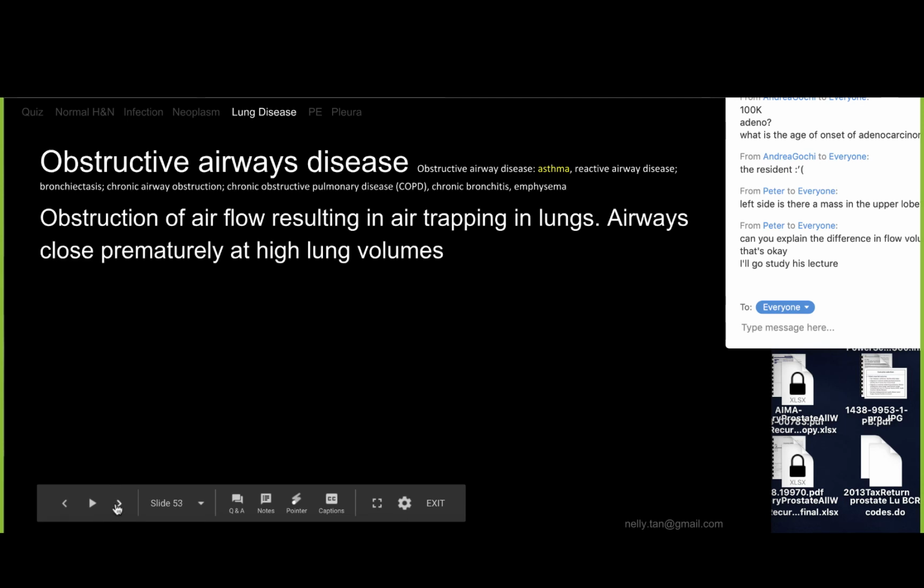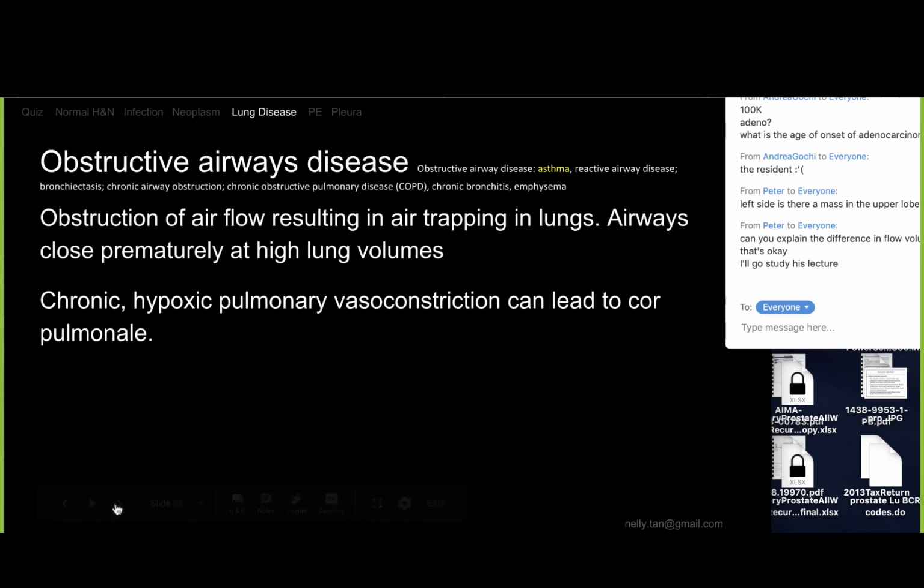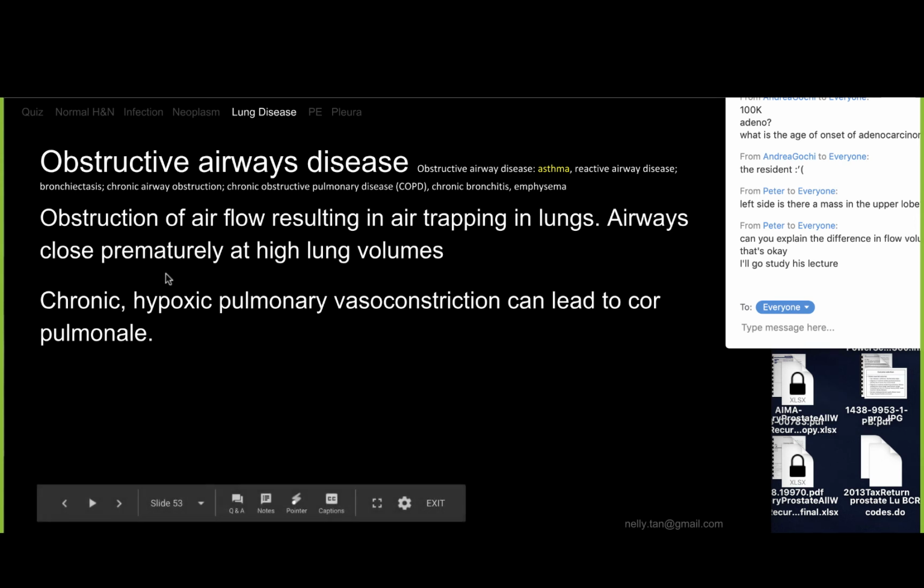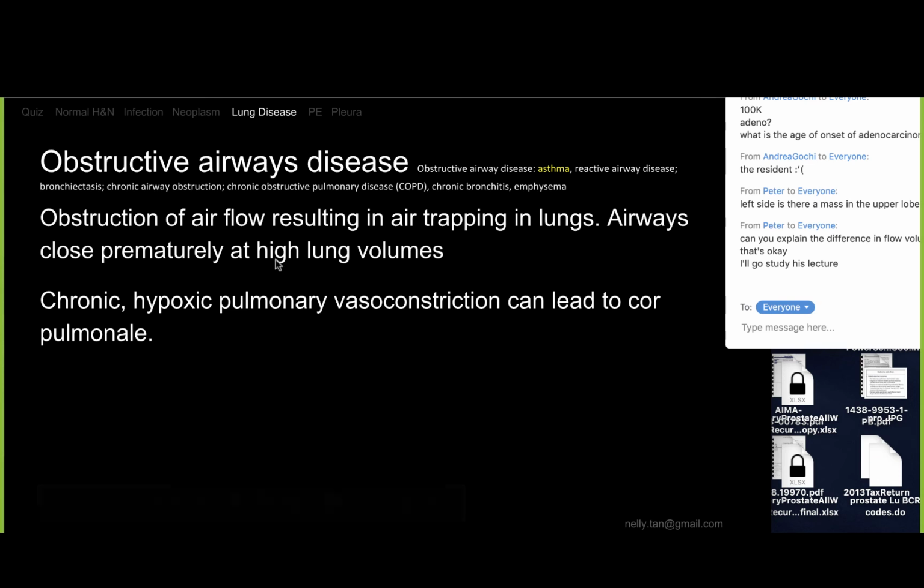So obstructive airways disease, obstructive airflow, coming to you from First Aid. In obstructive airways, so we said asthma, bronchiectasis, and emphysema, the flow of air is problematic.